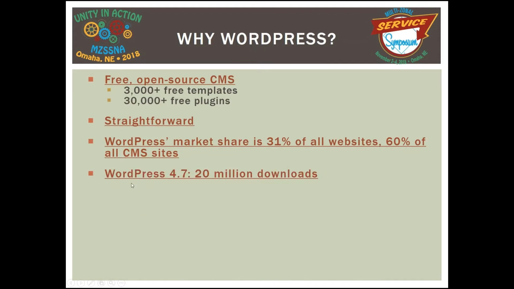That means it's huge. The latest version is not 4.7, the latest version is 4.9, and they've had even more downloads than 4.7. So that's a huge user base. And with a huge user base comes a massive support base. Hands down, WordPress is the most popular CMS out there.